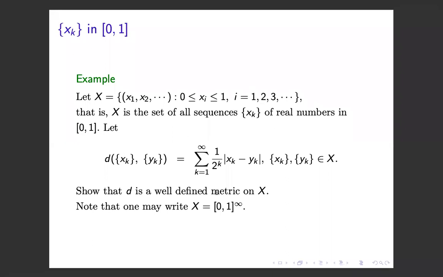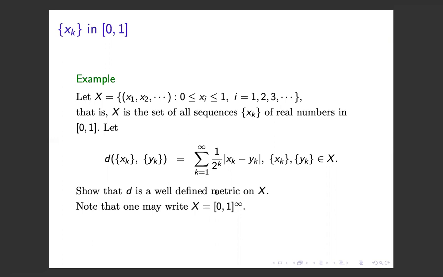Here, the weight you have to put in such a way that, for example, mod xk minus yk, you know that is bounded by 2, right? Since that is always bounded for each k, the other thing should basically be a convergent series. Okay. So one easy way of handling this is 1 over 2 power k. You can put, for example, 1 over 2.